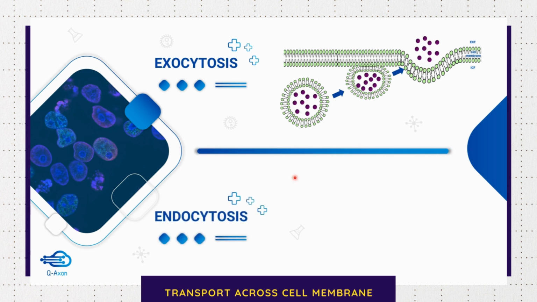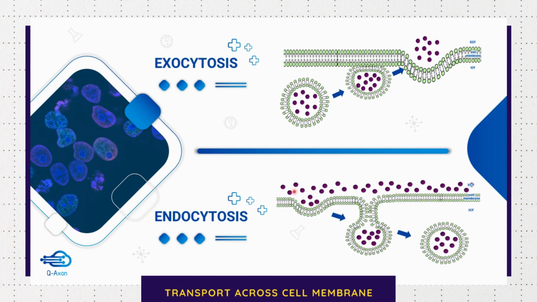On the other hand, in endocytosis, the substances are taken up from outside to inside the cell. Here you see the vesicle forming from the cell membrane, and after taking up the substance, the pinching of the membrane occurs so that we have the substance in the vesicle within the cell.